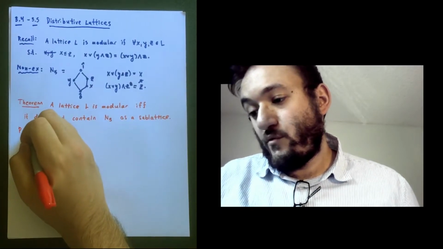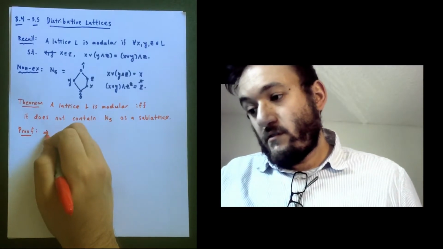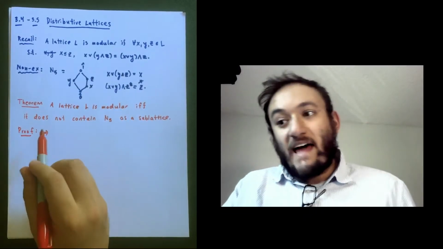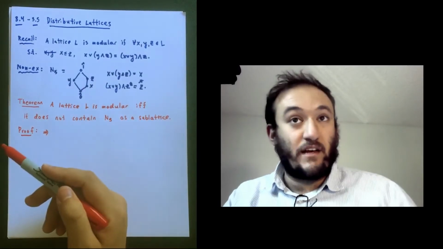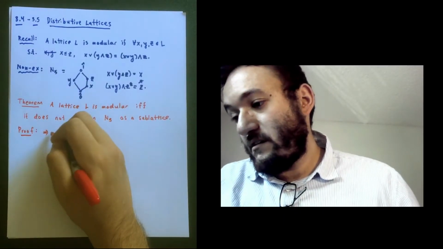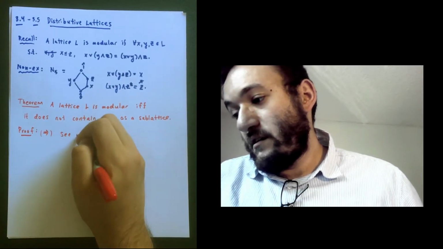And the proof, well, going in one direction is relatively easy. So clearly if you have a modular lattice, you can't have this as a sublattice because that would present a contradiction of modularity. Okay, so this is N5, the non-example.